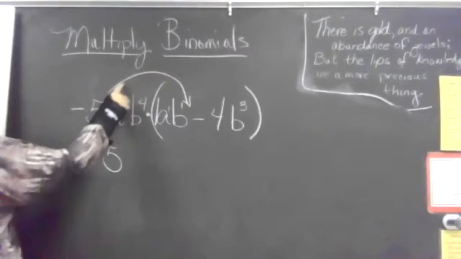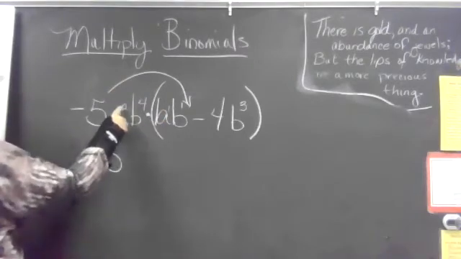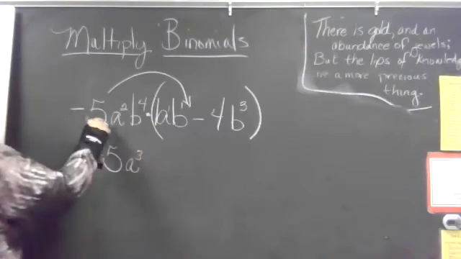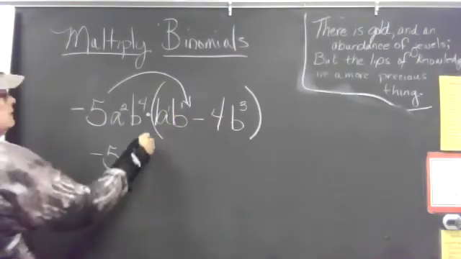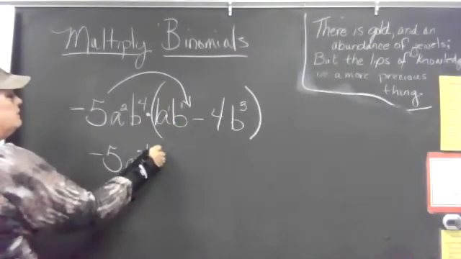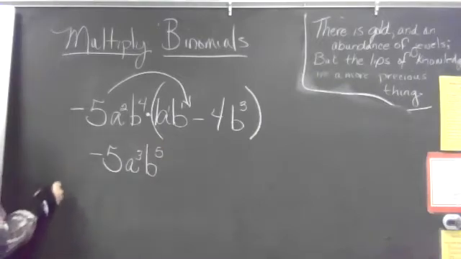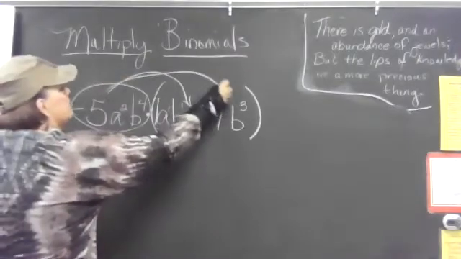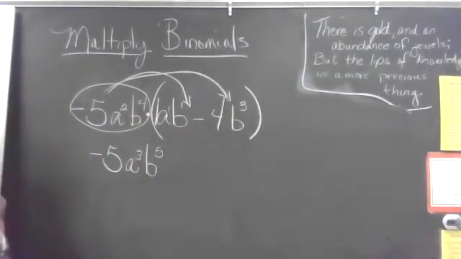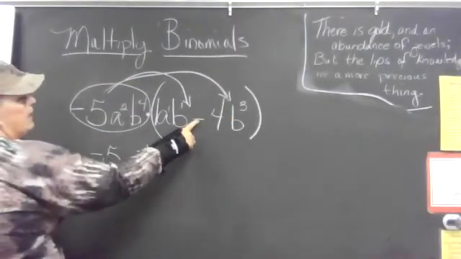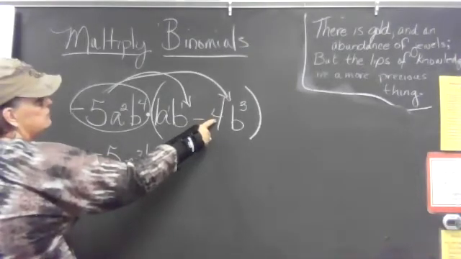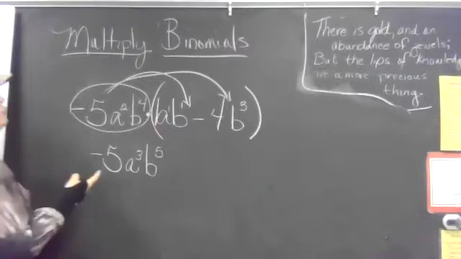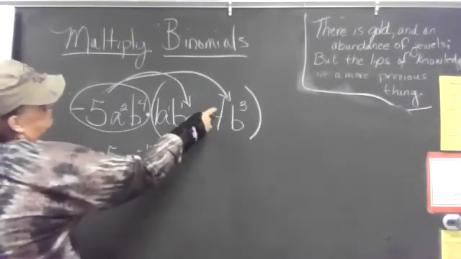Then let's do the a's. Same bases, add the exponents. A to the 3rd. And the b's. B to the 5th. And then we're going to have this again and multiply it by the last monomial. Now remember, a minus in front of a coefficient can also be used as a negative in front of here.